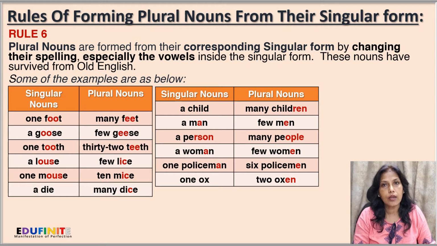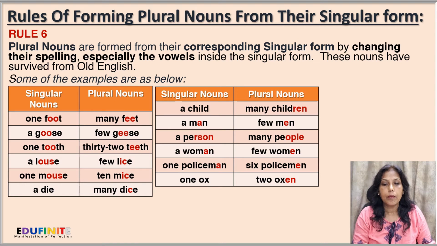A louse, few lice. 1 mouse, 10 mice. A die, many dice. A child, many children. Here we are adding a few letters. Child, and then we are adding REN to it to make it plural, children. A man, few men. A person, many people.